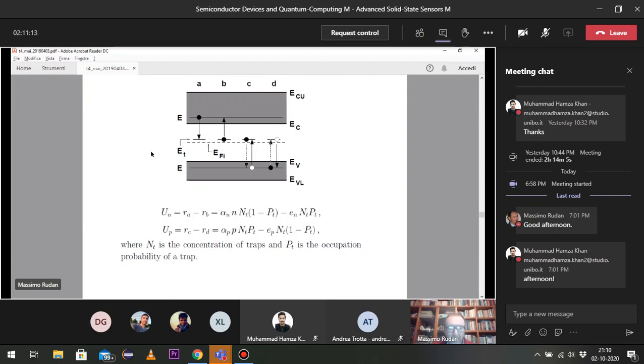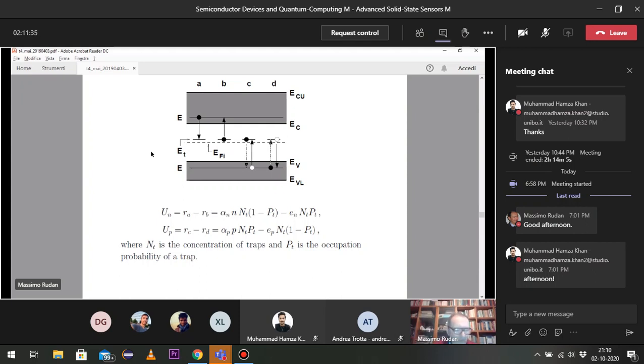Okay, so what we are left with now is determining separately the expressions of rates RA, RB, RC, RD. Okay.